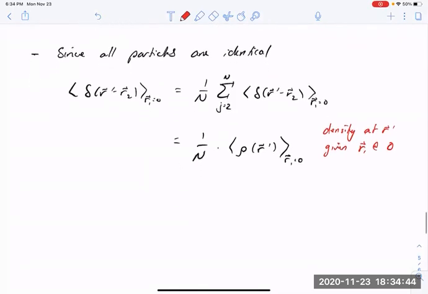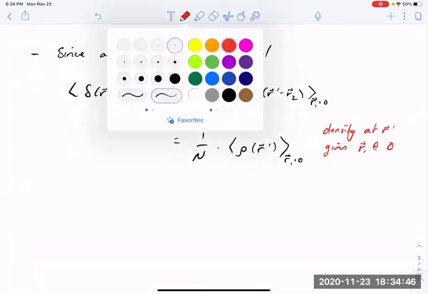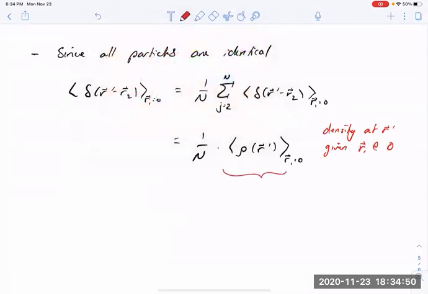Now, this is something which is not just n over v. So unlike before, when we computed the average density, translational invariance meant that because a particle was equally likely to be anywhere, the average density didn't contain any structural information.